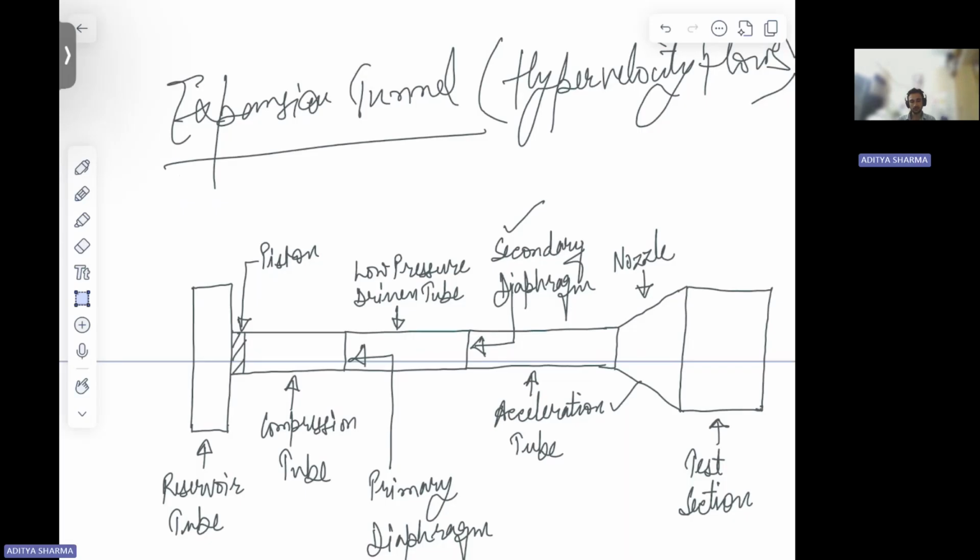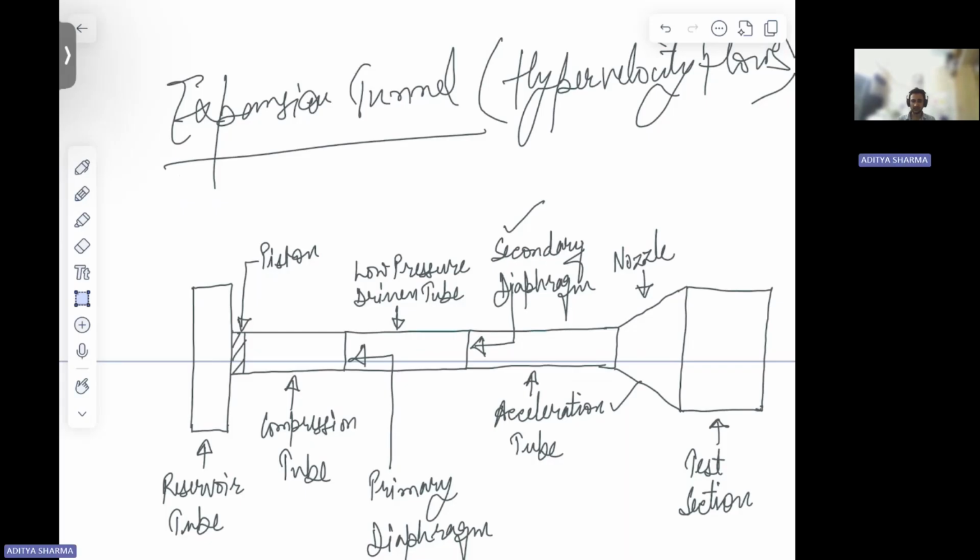Then there is a piston and a compression tube. Okay, compression tube and low pressure driven tube. So this compression tube is like your driver tube. Okay, and then it is separated from your driven tube by means of a primary diaphragm.